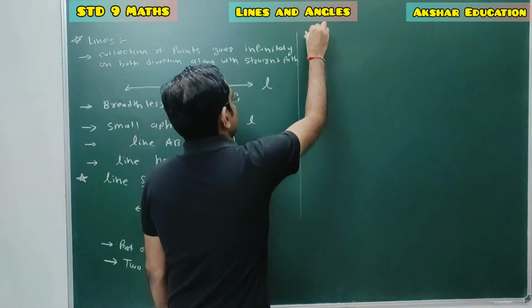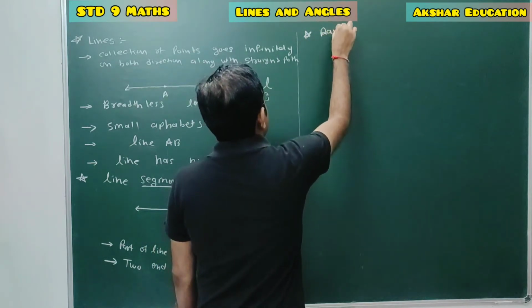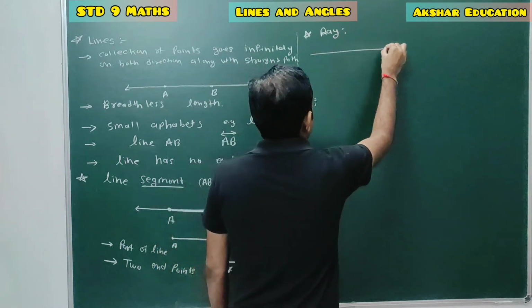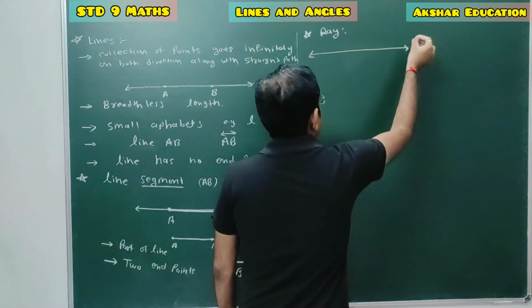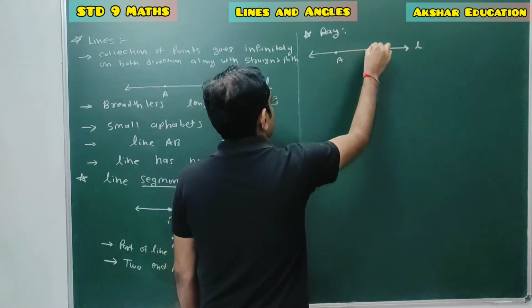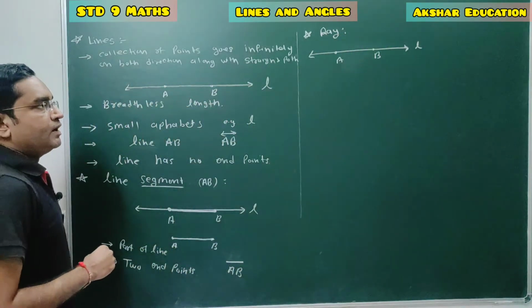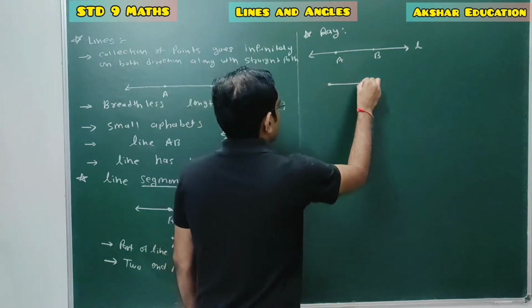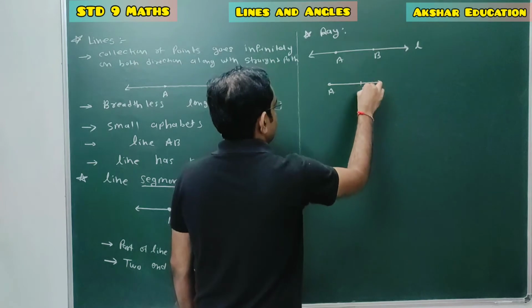Now after line segment, the next definition is the definition of ray. So what is a ray? A ray is also a part of the line. Suppose this is line L, in which 2 points are there, point A and point B. So here we consider the part of the line with one endpoint and up to infinite in one direction.